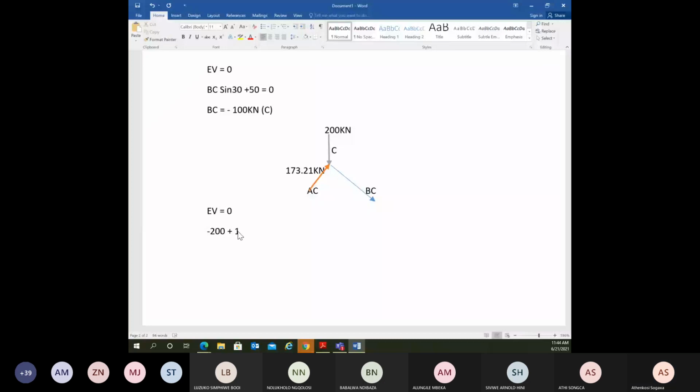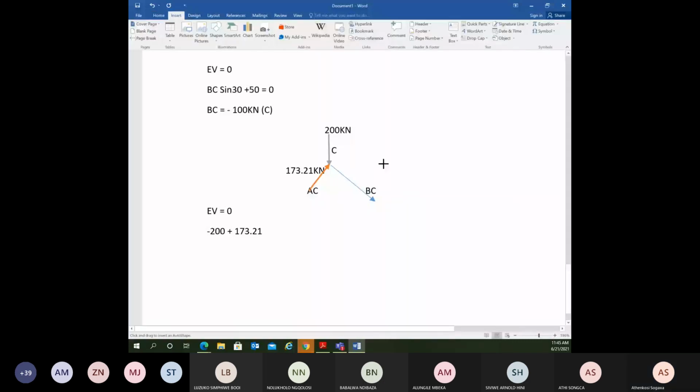173.21 sine. Now, this is at the angle. I want to determine the vertical. Now, let's say this is your Cartesian plane. That's your Cartesian plane.